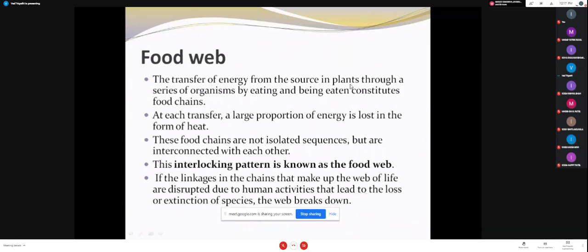From the plants to the organisms, that is, from the primary producers to the primary consumers. Similarly, each organism, it may be a plant or an animal, is dependent on some other species for providing it with food.